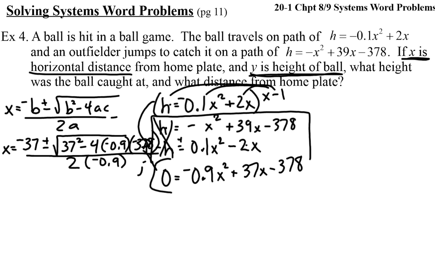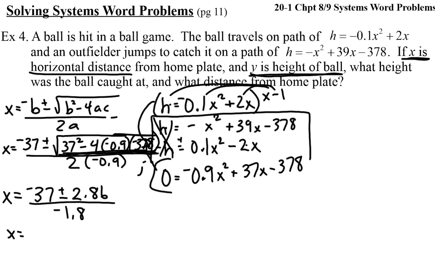Now, I'm going to save all the steps, but after I take the root of what I have under my radical, we end up with negative 37 plus or minus 2.86 over negative 1.8. There's what our quadratic formula looks like. You can double check that; like I said, you should end up with plus or minus 2.86.